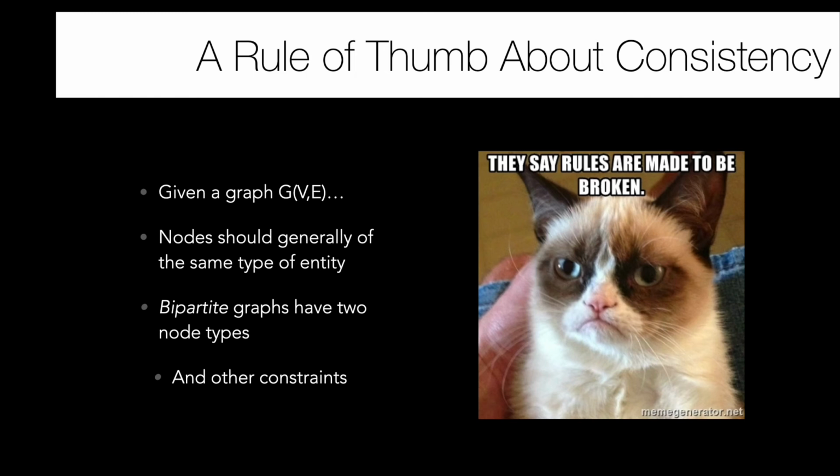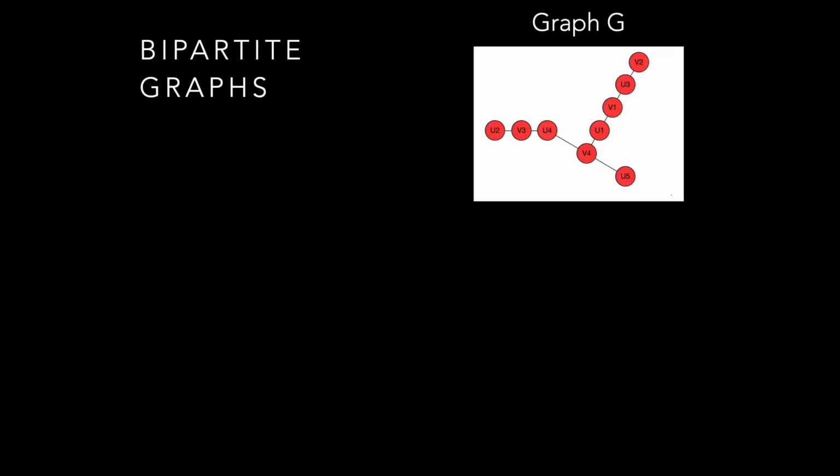In fact, there's a generalization of bipartite graphs called k-partite graphs that have k different types, whereas bipartite graphs have 2 different types. Now, the additional constraints that I'll mention is if we have some graph structured so U2 is connected to node V3, V3 is connected to node U4, and so on.